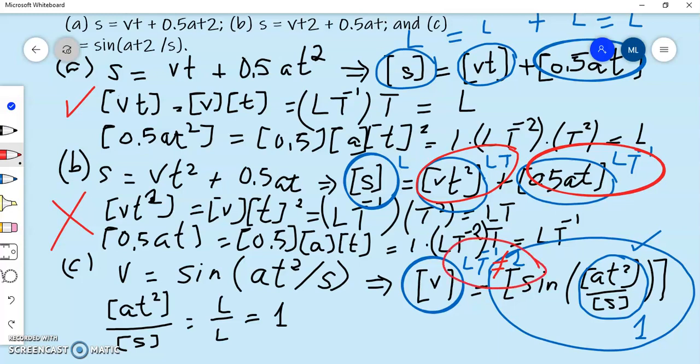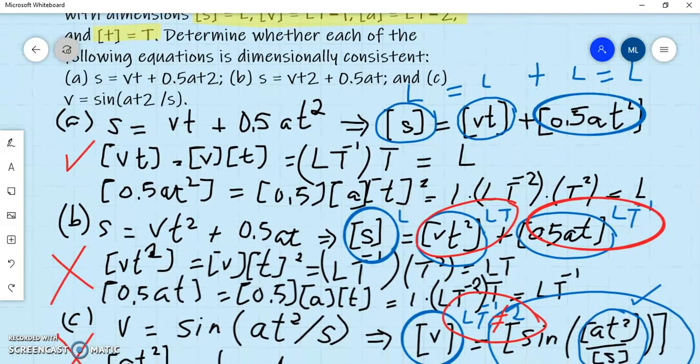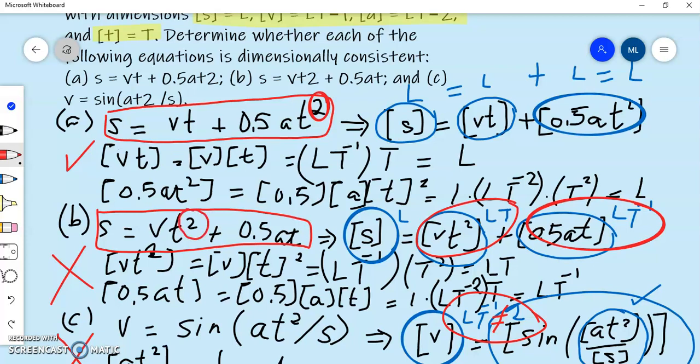So this equation is also not dimensionally consistent. Okay. Let's go back here a little bit. As you can see, if we focus on the difference between this equation and this equation, the power switches between that term and that term.